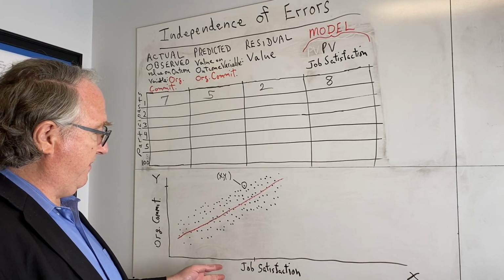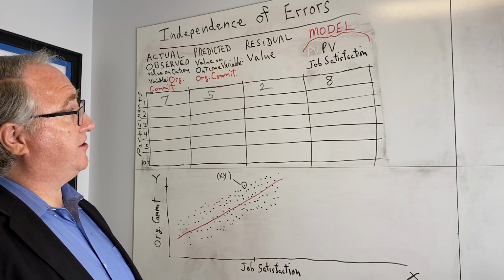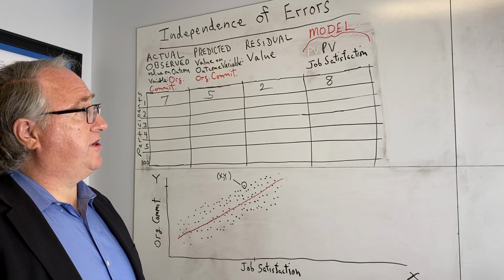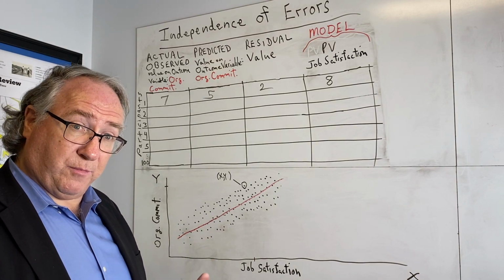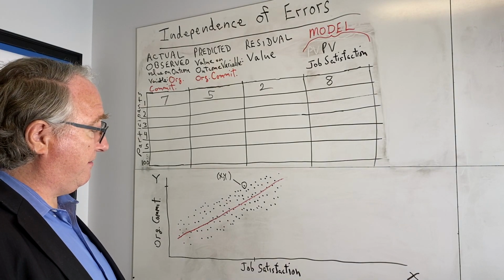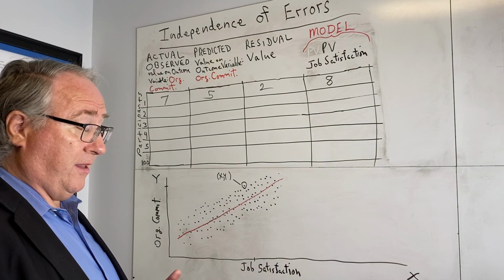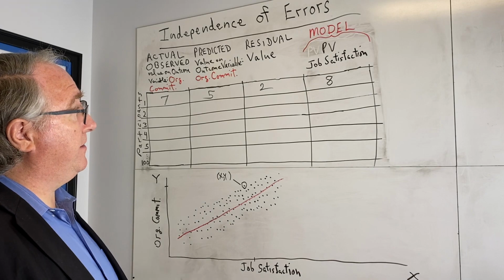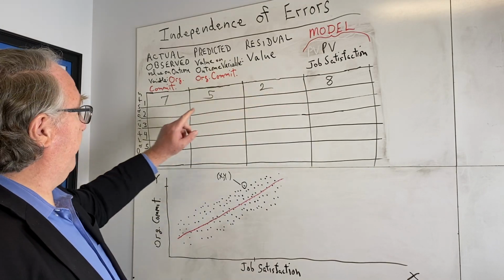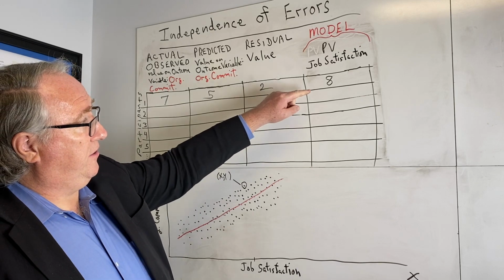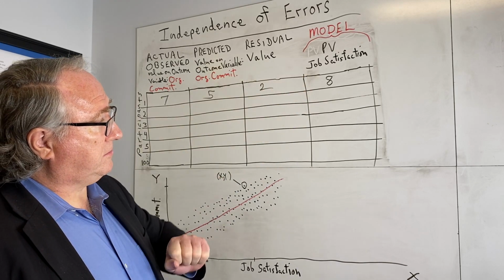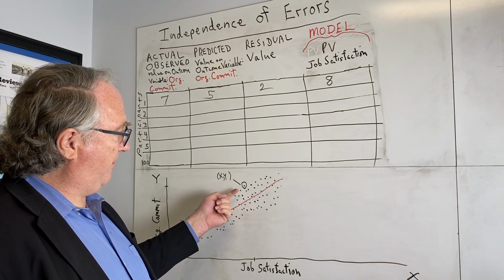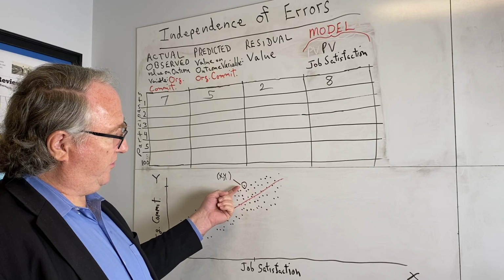Let's say we have a measure of job satisfaction. That's our predictor variable measure. Okay, that information, the degree of job satisfaction that we have in the model for each of our participants. And let's say that that score ranges on the measure anywhere from 1 to 10. And we see here for our first participant in the sample that their score on the job satisfaction measure was an 8. And let's say participant 1 happens to be this participant right here, the one we were using as an example earlier.